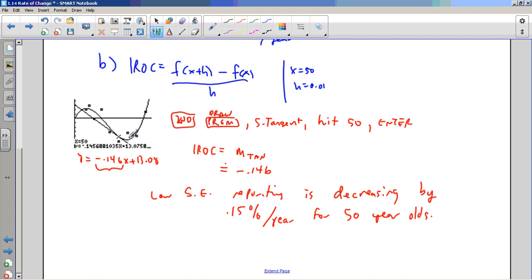Right? And it's only when it looks like maybe around age 60 or so that the percent starts going back up again. All right, that's example 1, which is actually our second example today, using the graphing calculators, and you'll mess around with those in class. Those are a couple examples for you to try.